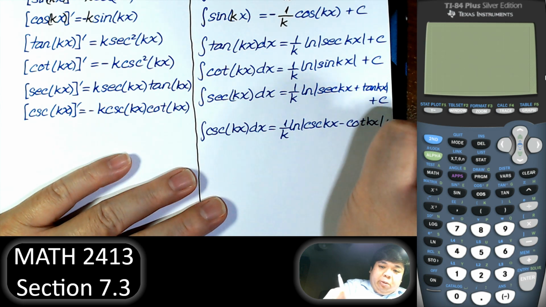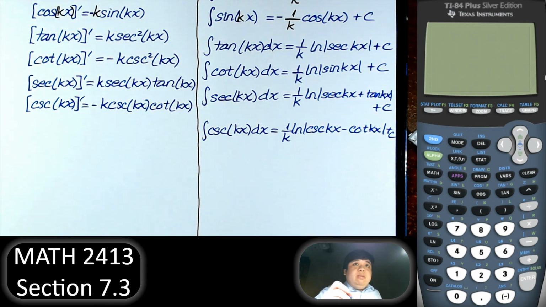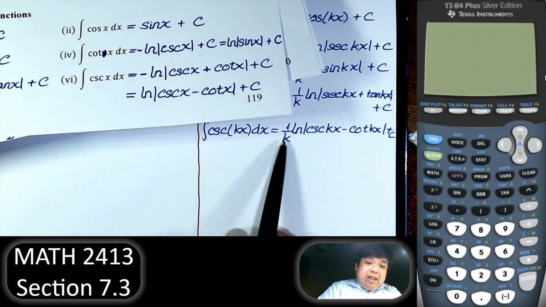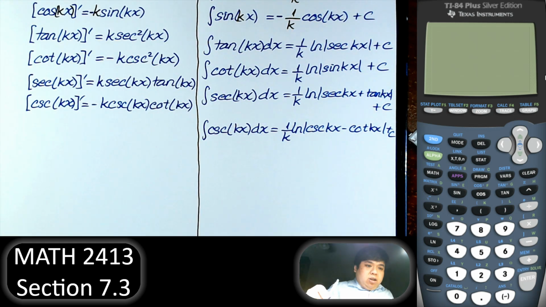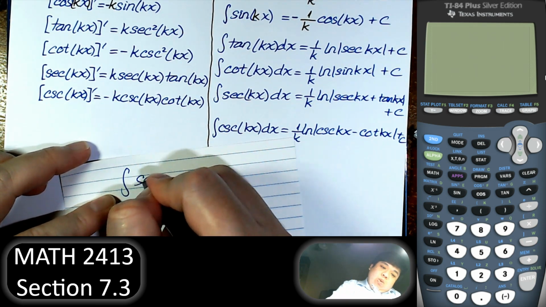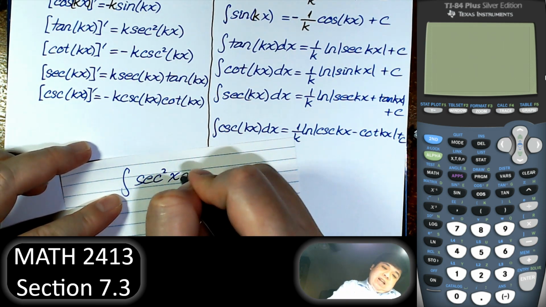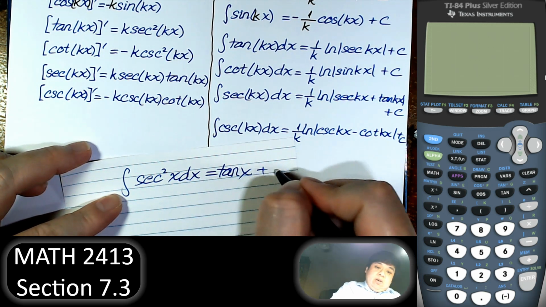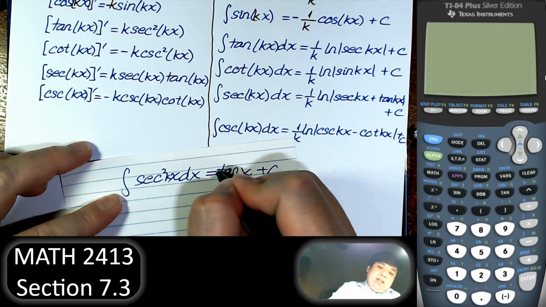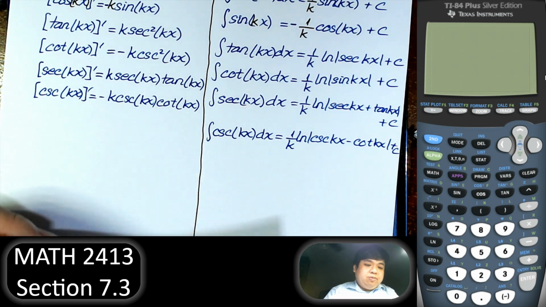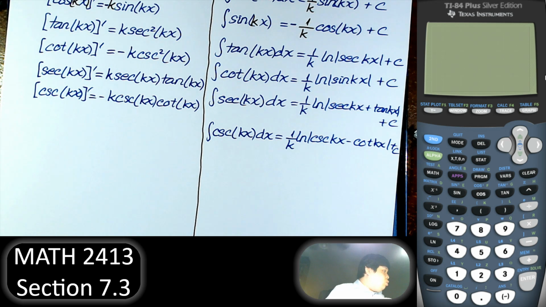Just go from the previous section, and instead of x we have kx, we just substitute kx there and then divide by k. We should have the secant square x dx is equal to tangent too, but I'm not going to write those integrals. If we have the k here, just simply divide by k. So yeah, I'm not writing those out.